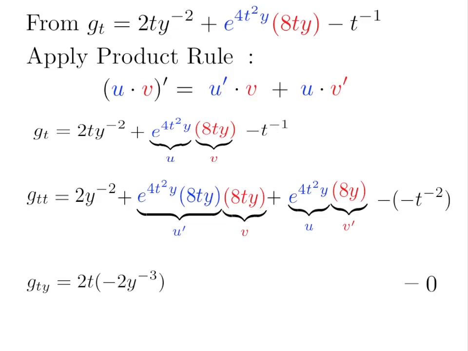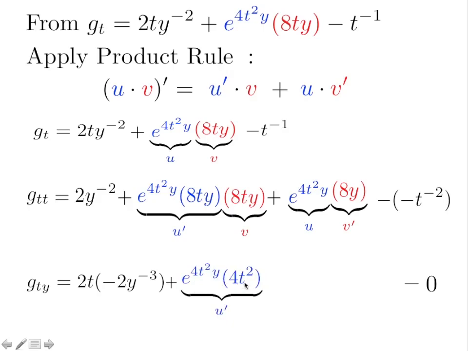Now for the middle term, once again, you have to apply product rule. U times v, derivative of that is equal to u prime times v plus u times v prime. So u prime, in this case with respect to y, is equal to e to the 4t squared y times 4t squared.